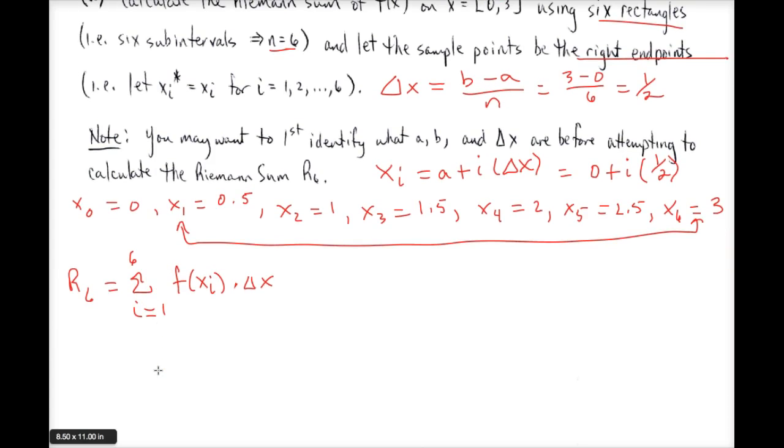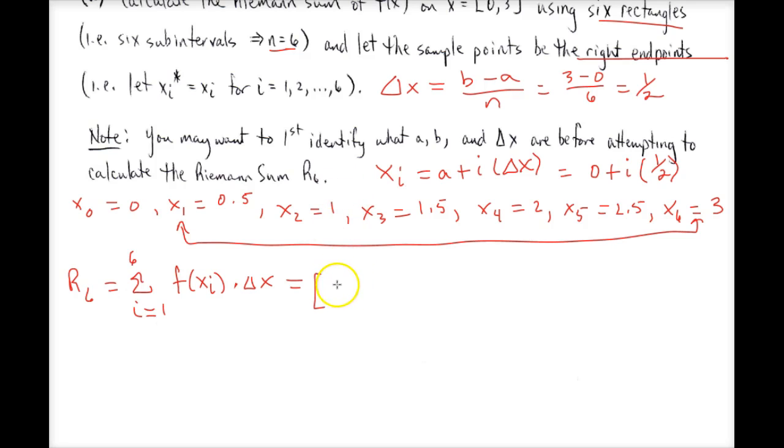So now that we have that, we would just be doing f of x sub i for all these values from x sub 1 all the way to x sub 6, and then multiplying all that by delta x, since delta x, which is 1/2, is a constant. Okay?